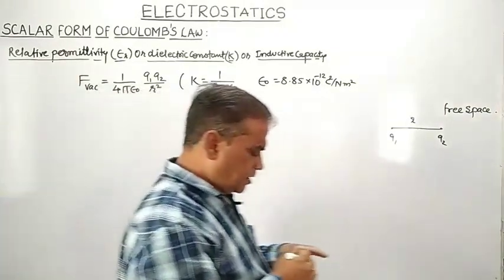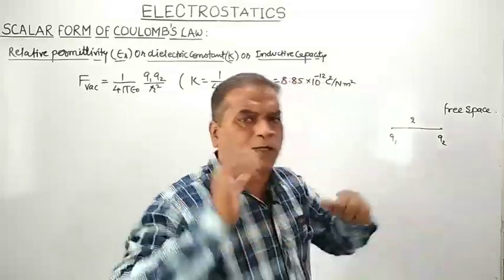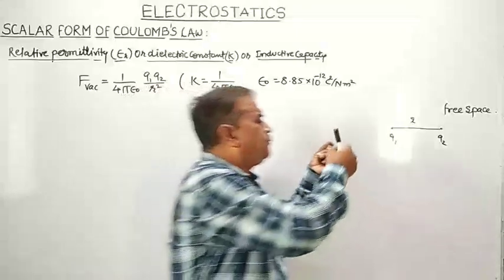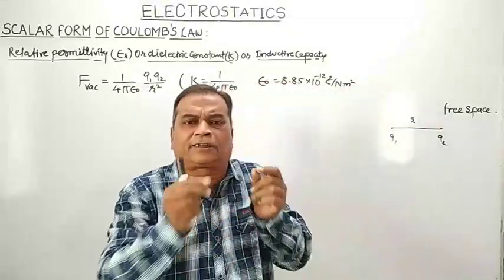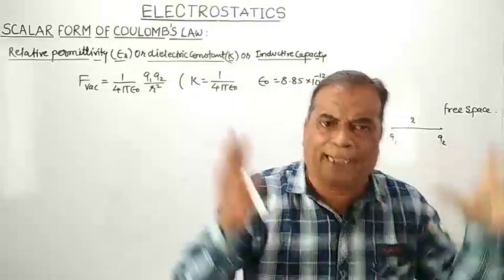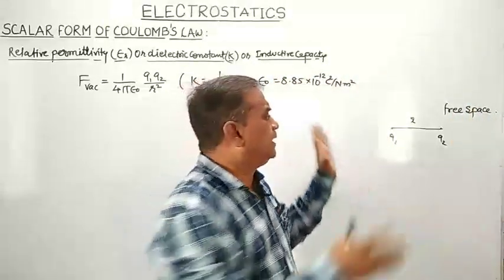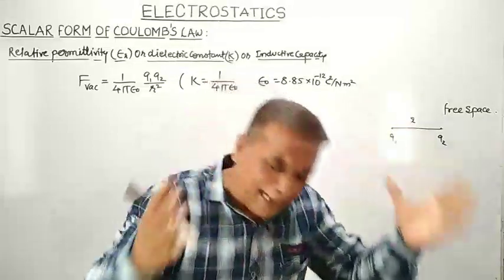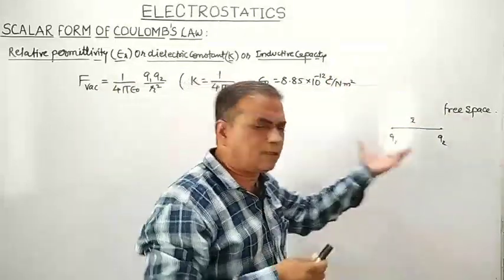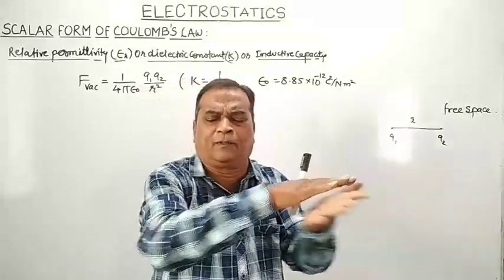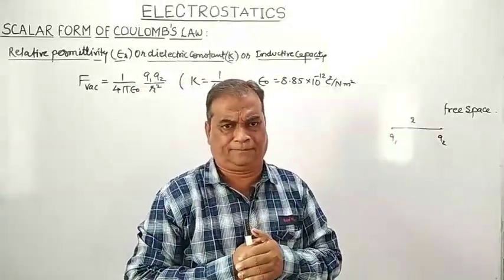Now, we want to study what happens to the force of attraction or repulsion between two point charges which are at rest if these charges are kept in dielectric materials like water or mica, or it may be a sheet of paper which is paraffin.